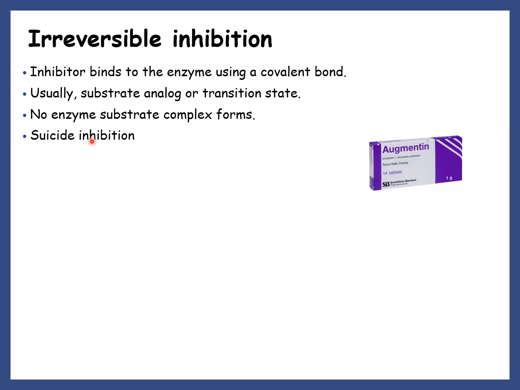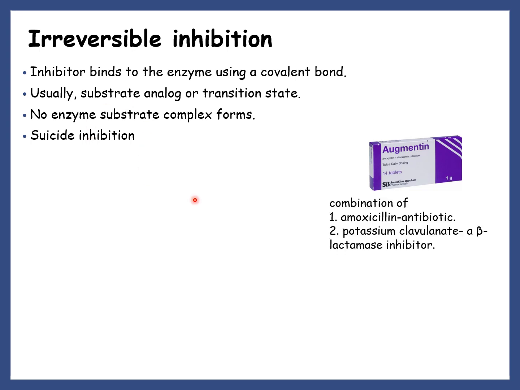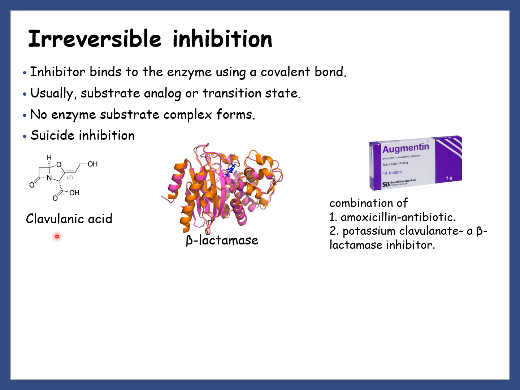Augmentin contains amoxicillin, a penicillin group antibiotic, and as we know, penicillin has a huge resistance in the population, but we are still using Augmentin and it's effective. So what is in Augmentin which makes it effective? Augmentin has two components. It has amoxicillin, and then it has an inhibitor molecule, clavulanic acid. This inhibitor is actually inhibiting the beta lactamase enzyme.